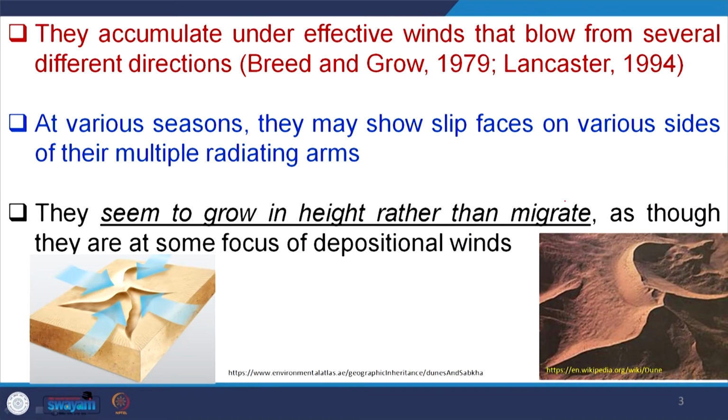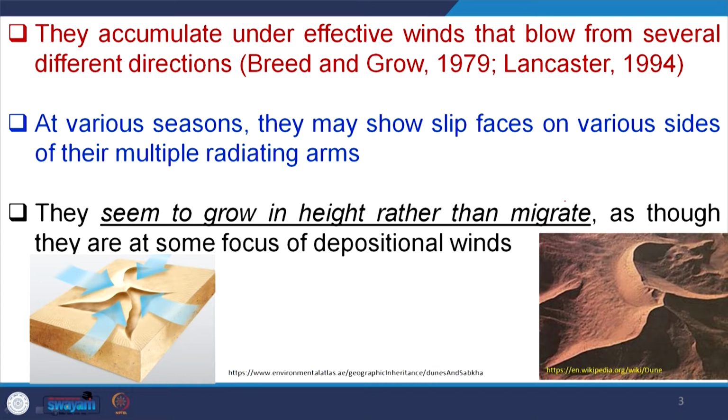They accumulate under effective winds that blow from several different directions. At various seasons, they may show slip phases on various sides of their multiple radiating arms. This is important to note here.